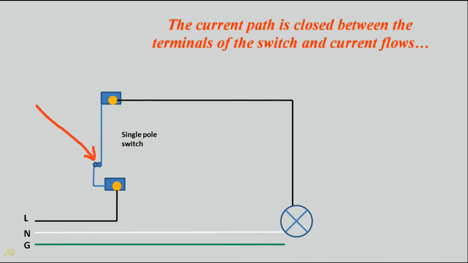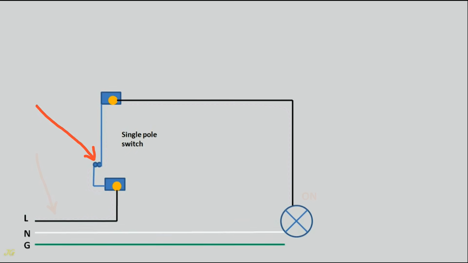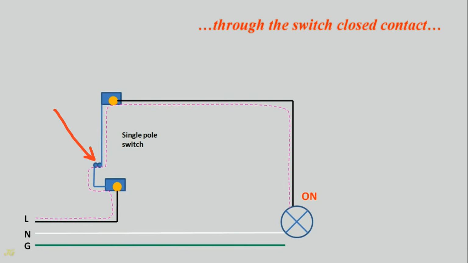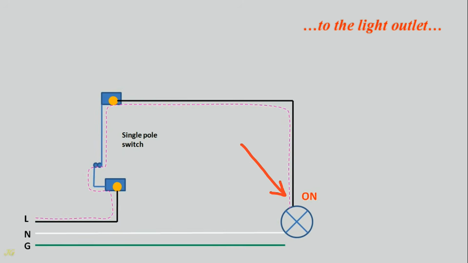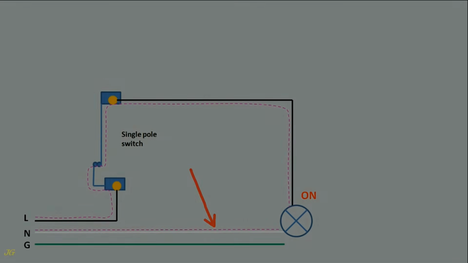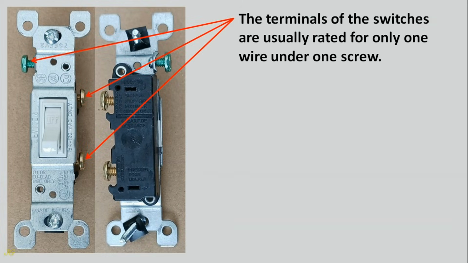The current path is closed between the terminals of the switch and current flows from the power source through the switch closed contact to the light outlet and returns to the source through the neutral wire. The terminals of the switches are usually rated for only one wire under one screw.